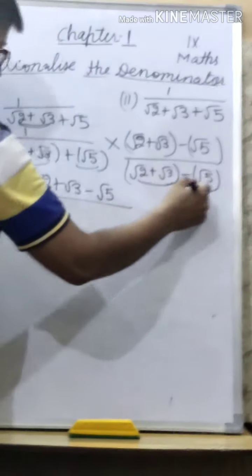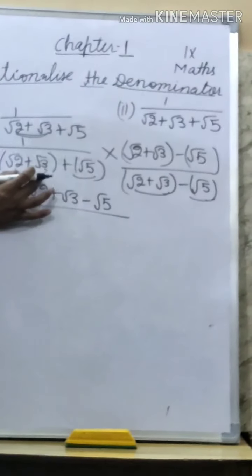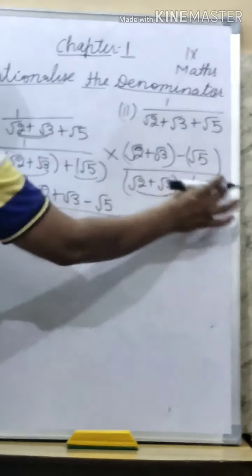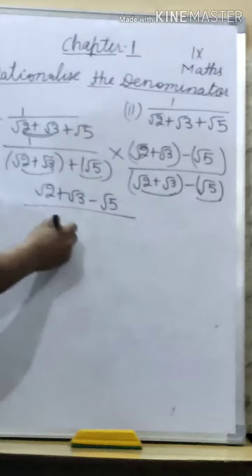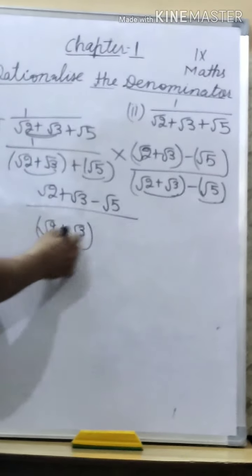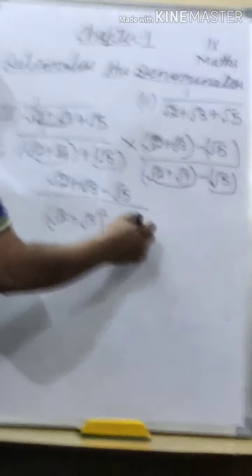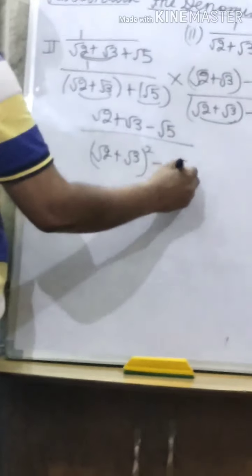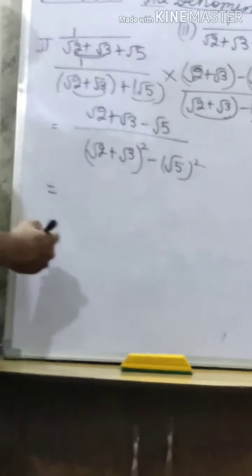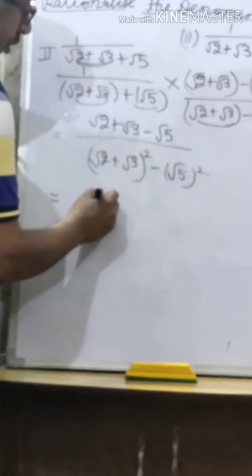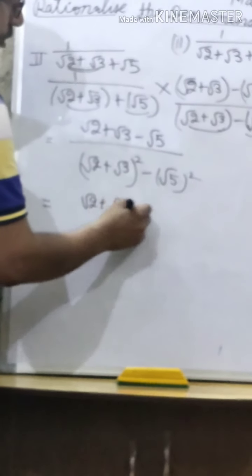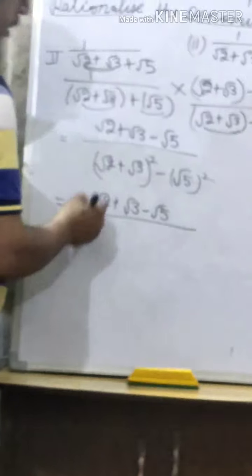So this is a plus b, a minus b, and then it is a square minus b square. Get this?